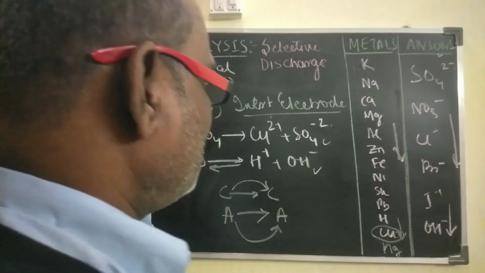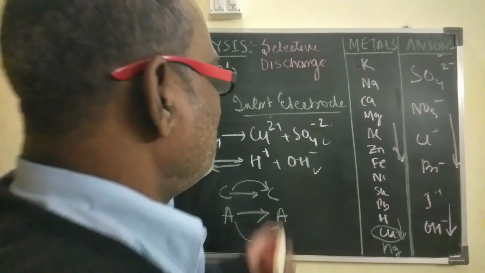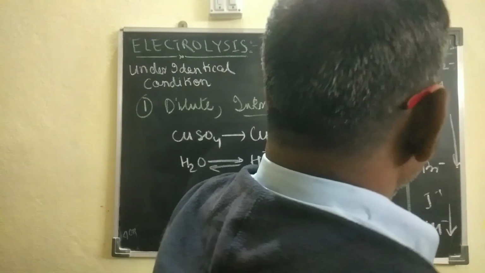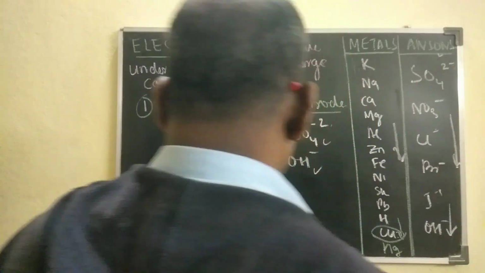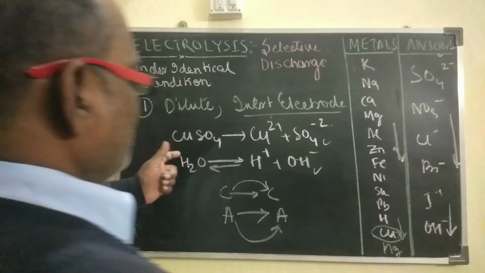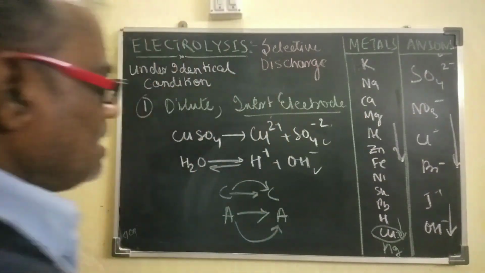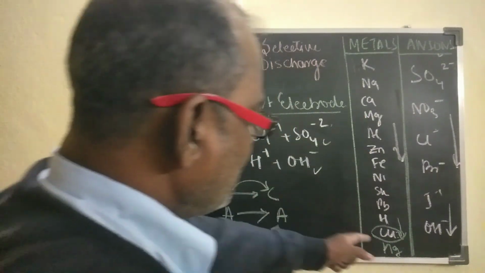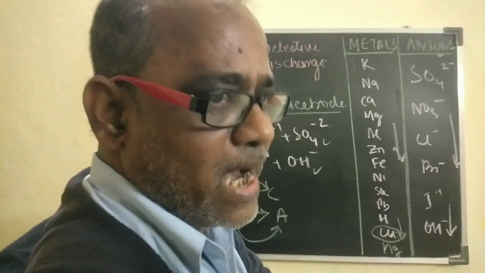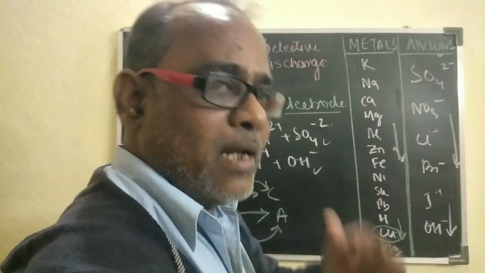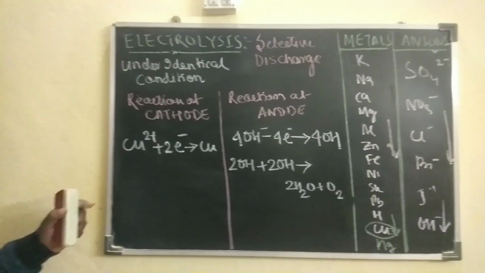Now another question arises: what are the different reactions that happen at the cathode as well as the anode? As we have understood that at the cathode ultimately copper is discharged, we will write down the equation at the cathode and the equation at the anode.